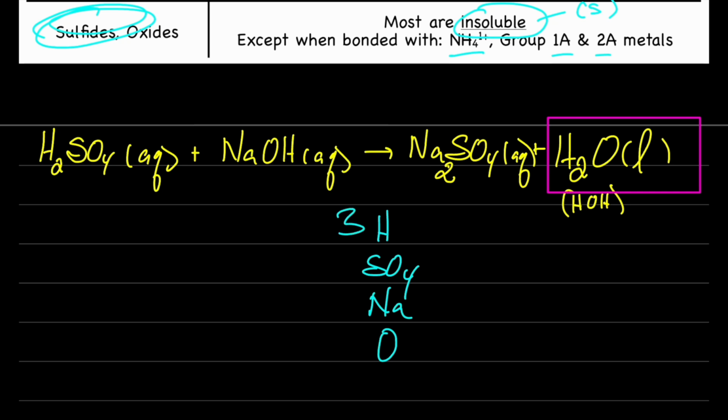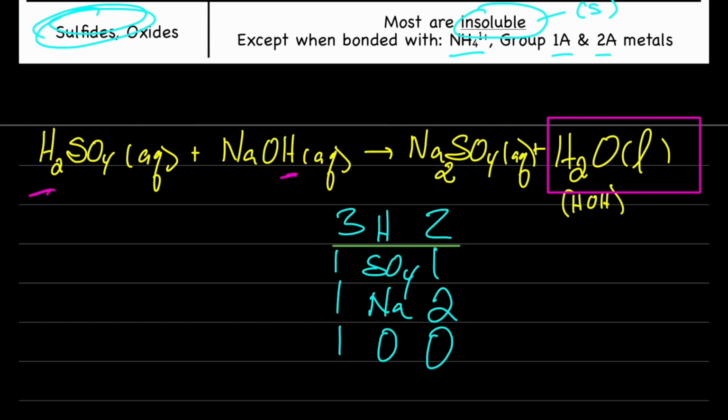So 3 and 1 SO4 and 1 Na and 1 O. On the product side, 2 Nas, 1 SO4, 2 H's, and an O. All right, we are going to save the H's till last for balancing because they're split up here and here.